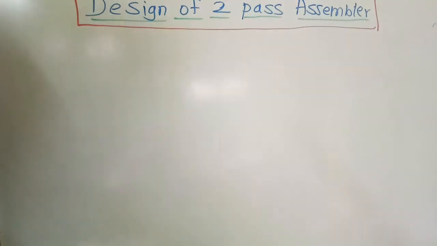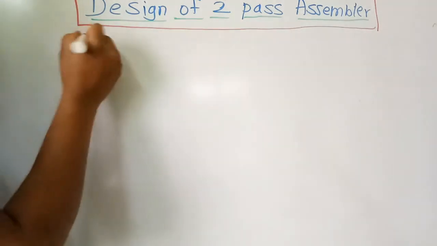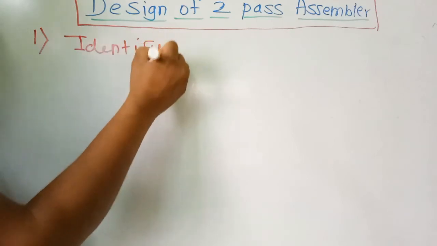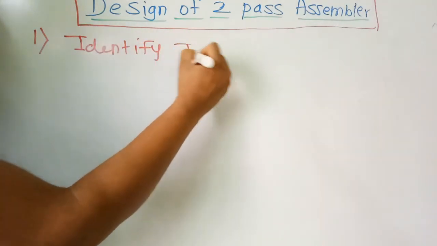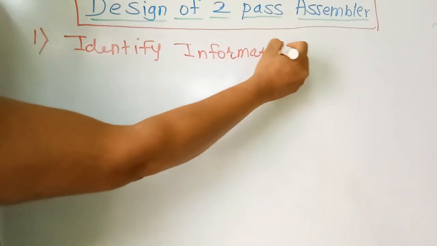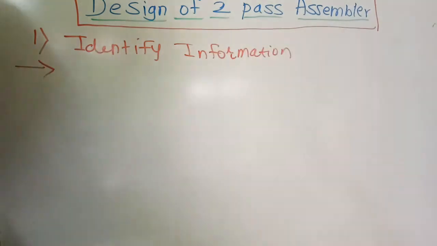What was the first procedure? It was to identify the information to perform a task. So what does this actually mean in detail? It actually defines the problem.